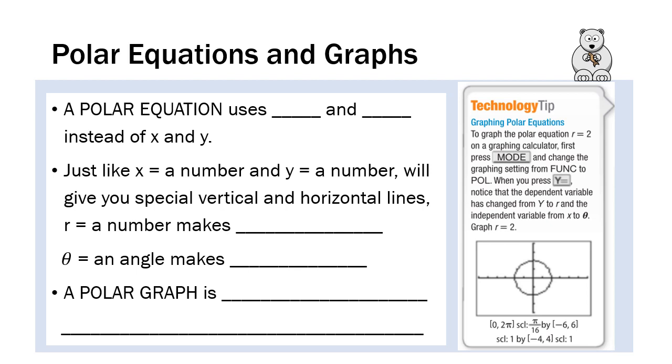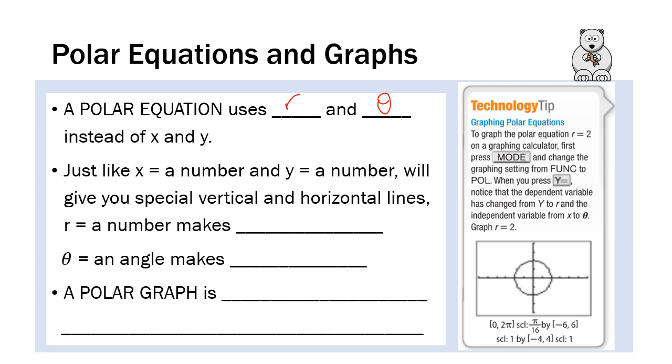So, polar equations use r radius and theta angles instead of x and y. So not just only the points r and theta, but also the equations. And we'll start with the most basic two equations.